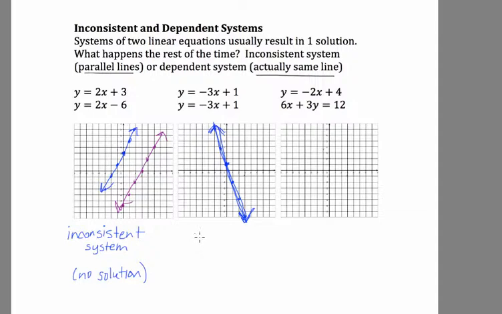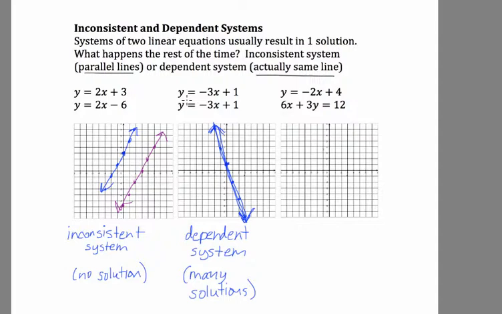Since it's the same line, every spot on this line satisfies both equations. Therefore, there's many solutions to this, an infinite number. Anything on this line is a solution. We call this a dependent system. A dependent system has many solutions.